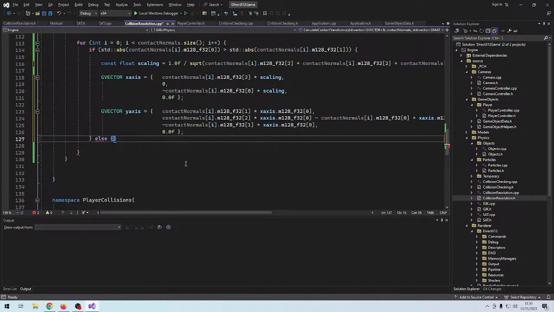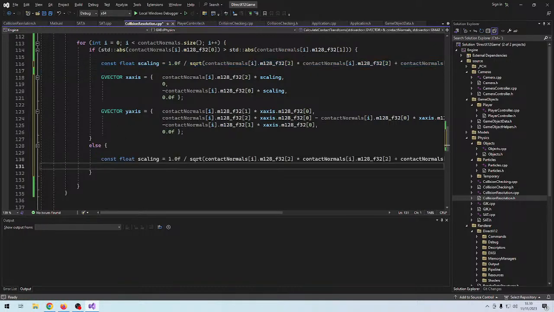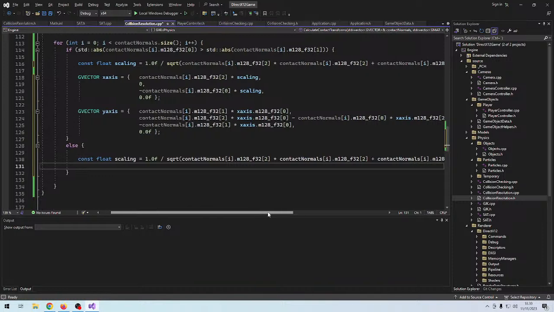And otherwise we will do something almost opposite. The contact normal c-axis plus the contact normal. Wait a minute.